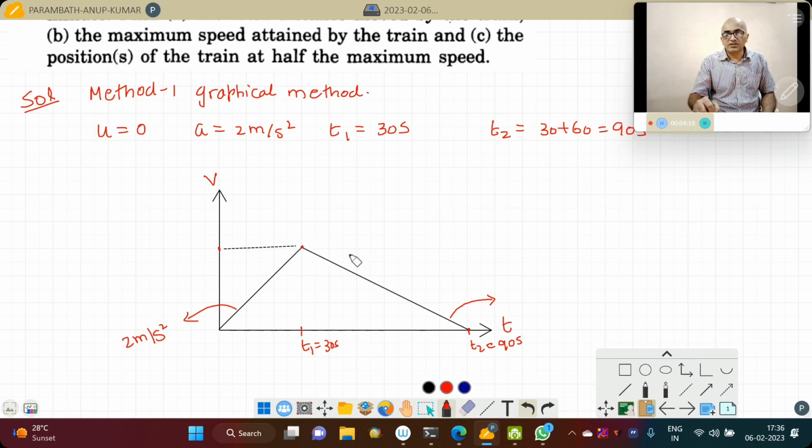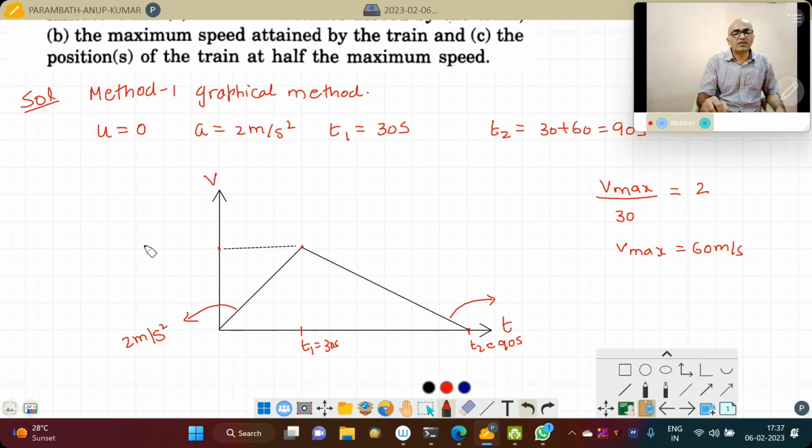Let us say the vertical height, the maximum speed, is Vmax. Vmax divided by the base 30 is equal to the slope, 2 meters per second square. Therefore Vmax is equal to 60 meters per second.